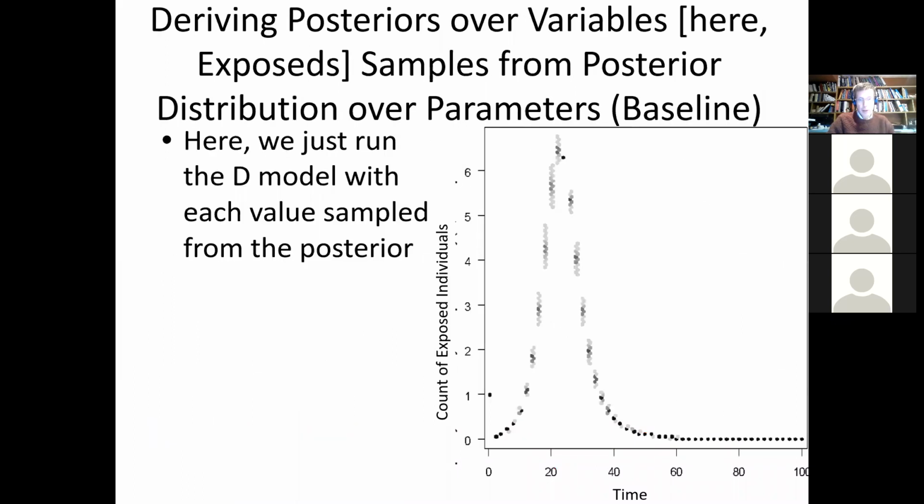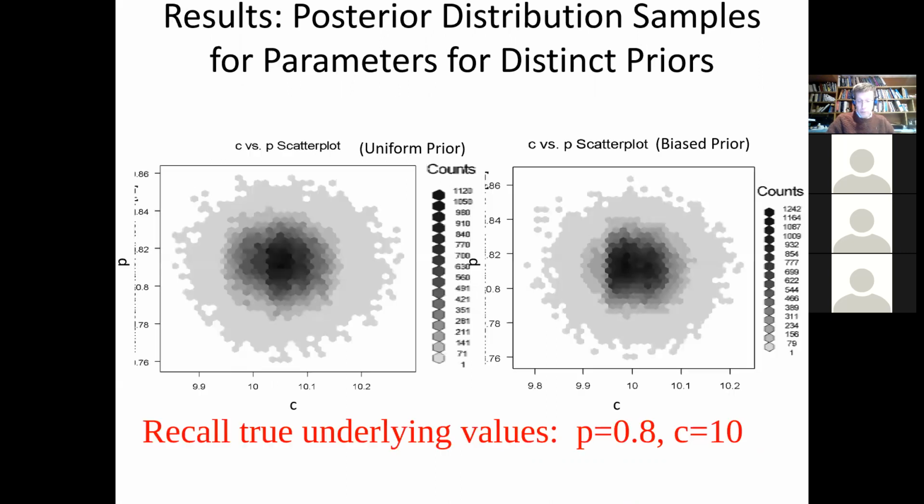prior distribution. And having done that, we can run the model forward and ask how many exposed individuals there would likely be at different times, for example. Here we're running the model with these sampled values. For each sample value here, we plotted it out.